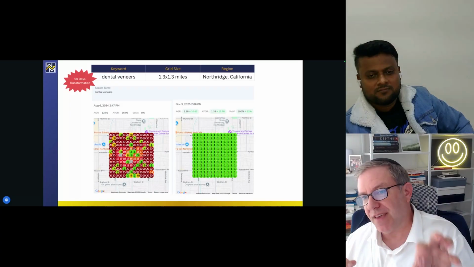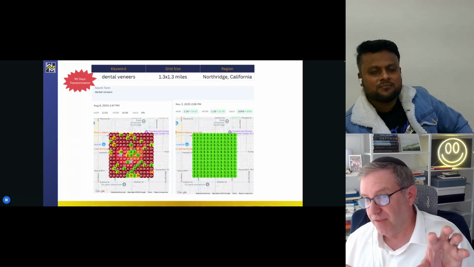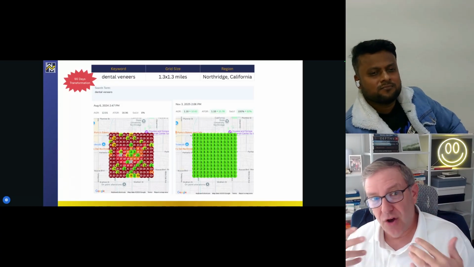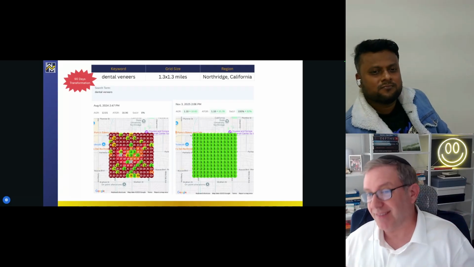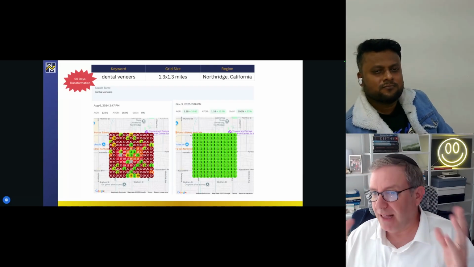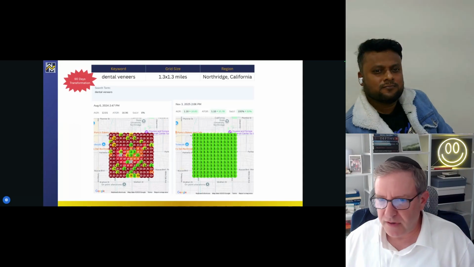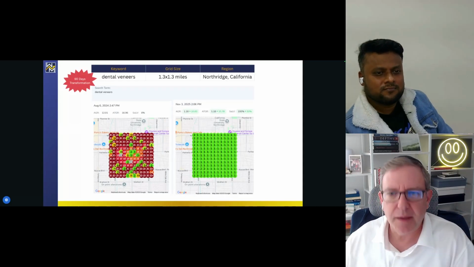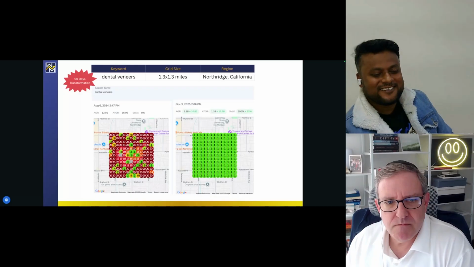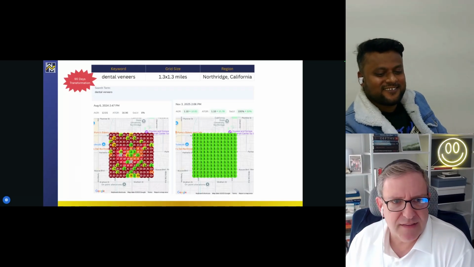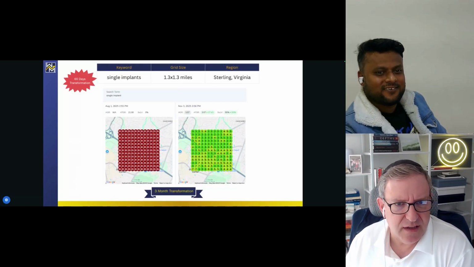So having this kind of a position for veneers in this market not only is very valuable, but also everybody's trying to do it, because every dentist knows that in LA you get 10 times more veneers than you would if you were in Memphis, Tennessee, let's say. Right, right. Yeah. Okay. So that's an amazing transformation in 90 days.